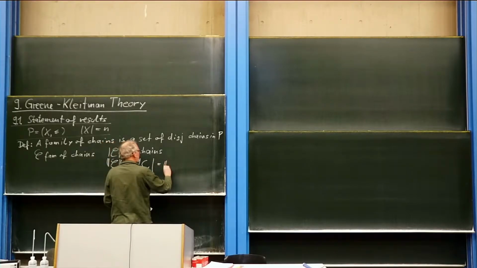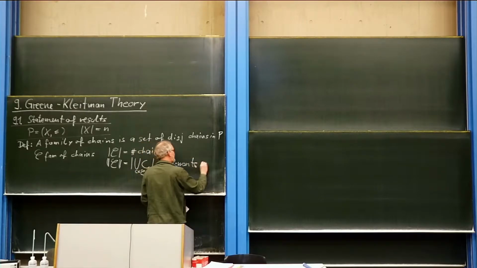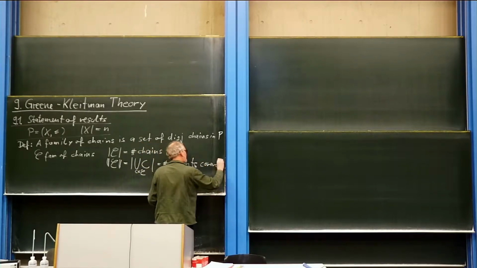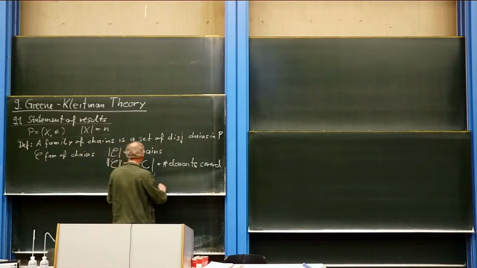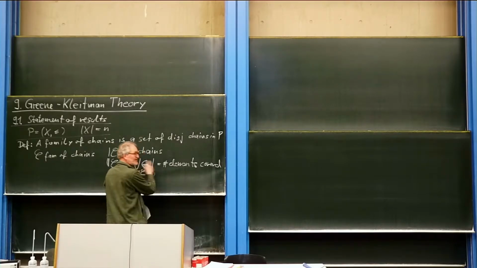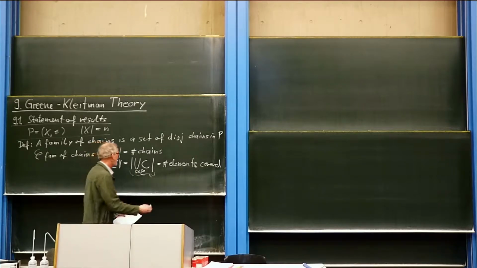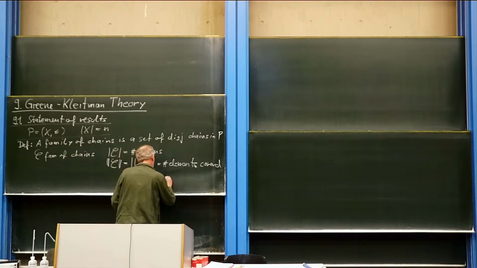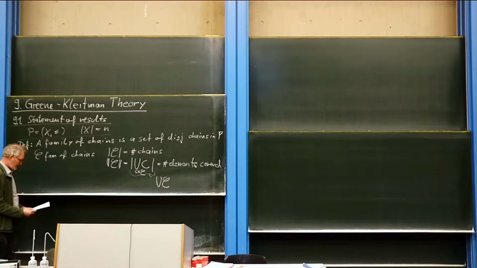So this is the number of elements covered by the family. And here's a shortcut notation: the union of the elements covered by chains in C will also be written as union of C.